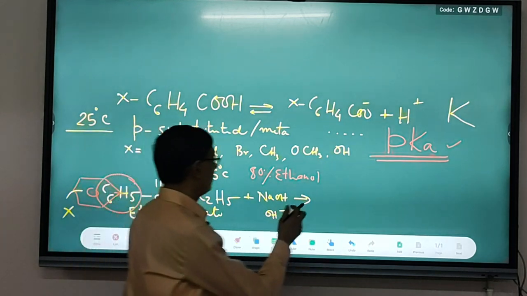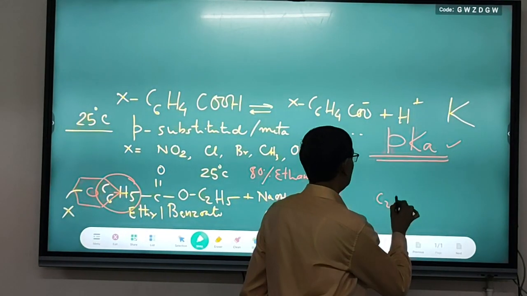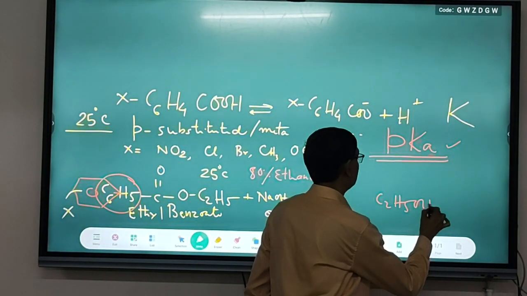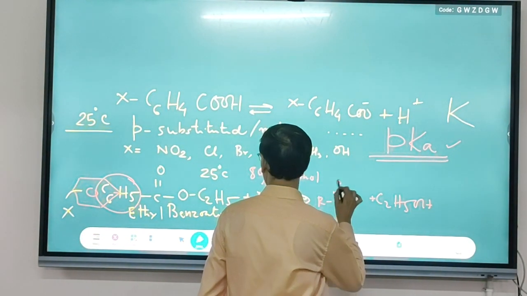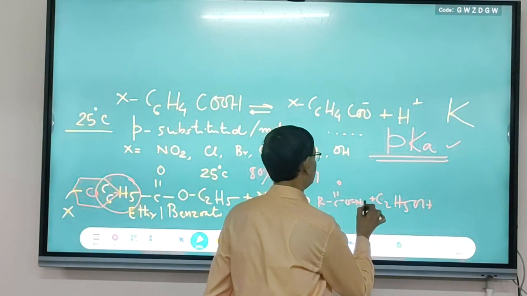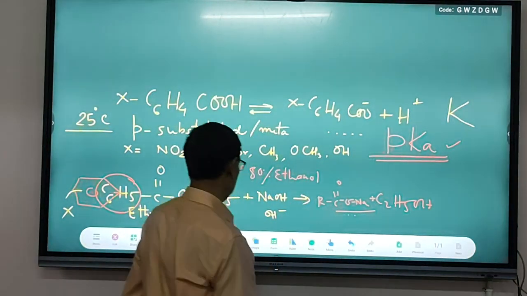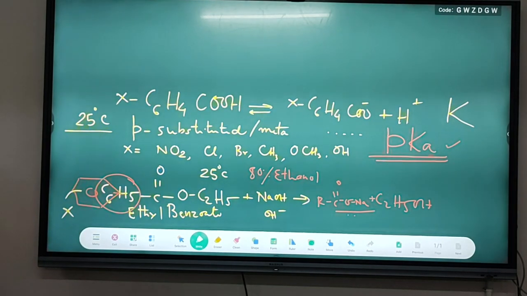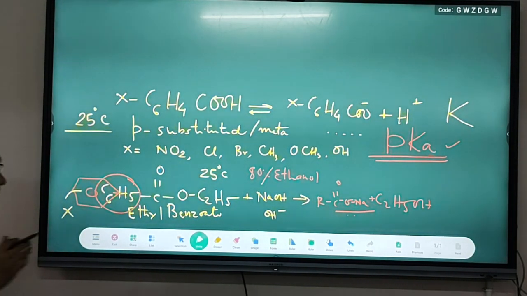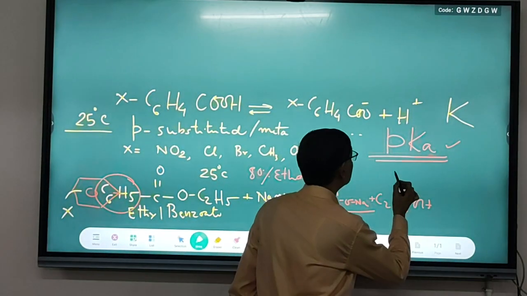So you know that there is a formation of alcohol and RCOONa or whatever it is. That is not important. And determine the rate constant.